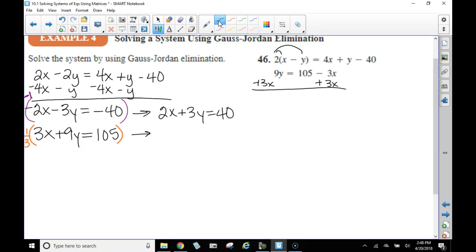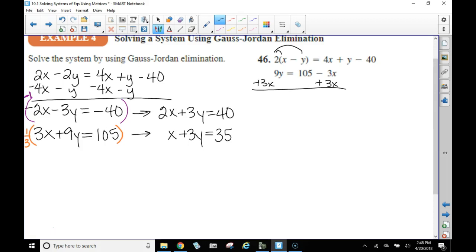What that means is divide everything through by 3, and we will have x plus 3y equals 105 divided by 3 is 35, I think. I hope that's right. Yeah, I'm pretty sure. So you can go ahead and simplify some of your equations here. Write them nicely before you put that into the matrix form.